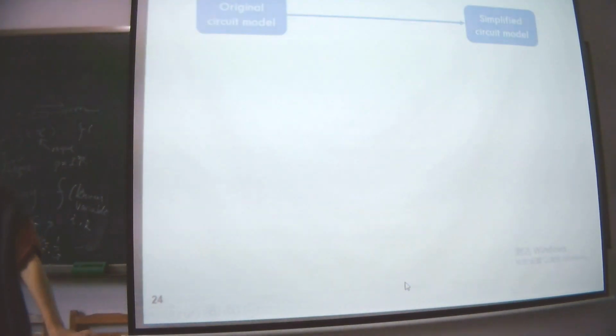Okay. A diagram of a circuit analysis problem. This one is the original circuit model, and we want to simplify it. Why do we want to simplify it? For a circuit with 10 resistors and 6 capacitors and other things, we might have many nodes, many branches, and many meshes.